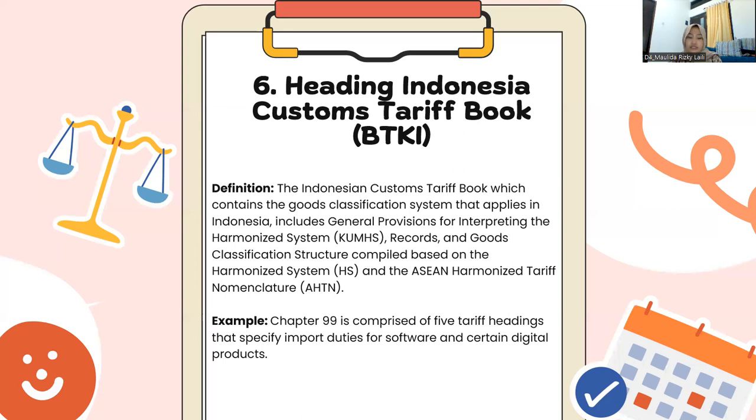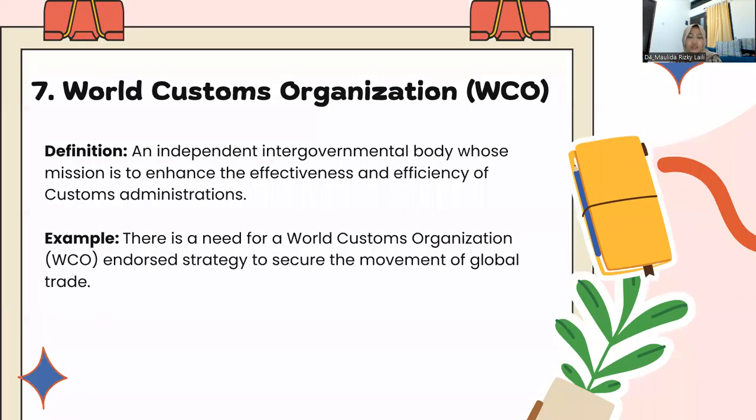Then for the example sentence, Chapter 99 is comprised of 5 tariff headings that specify import duties for software and certain digital products. Number seven is World Customs Organization, or WCO.